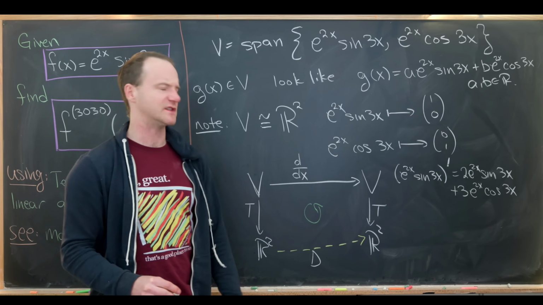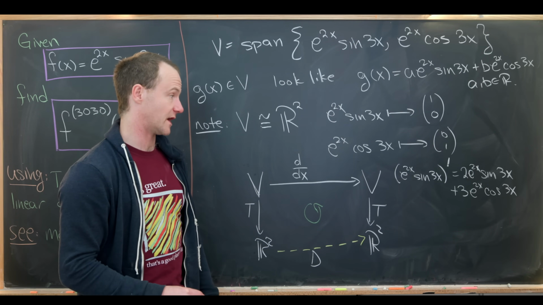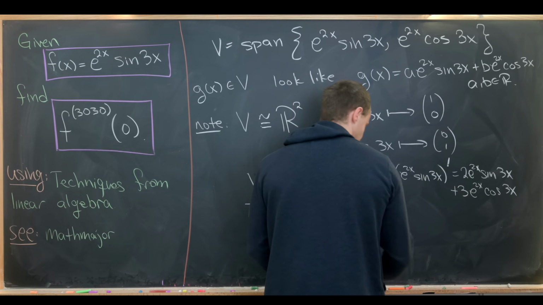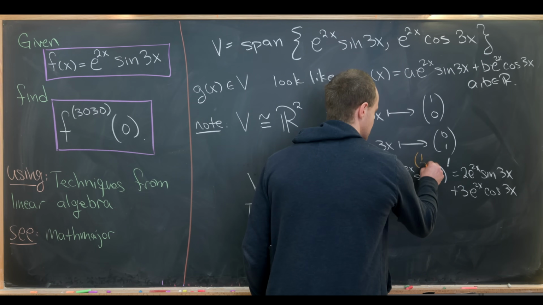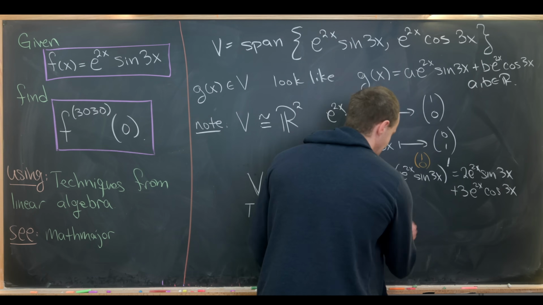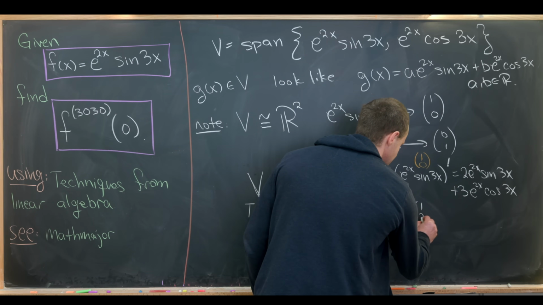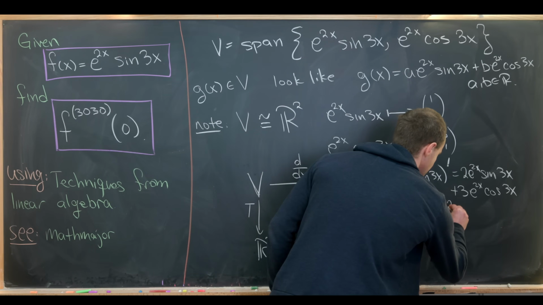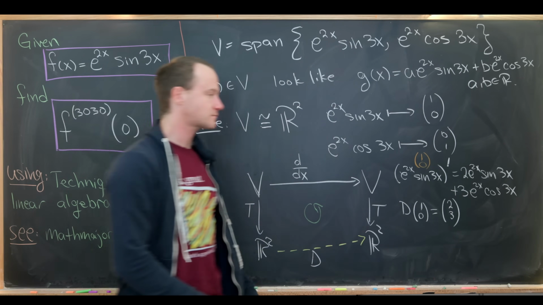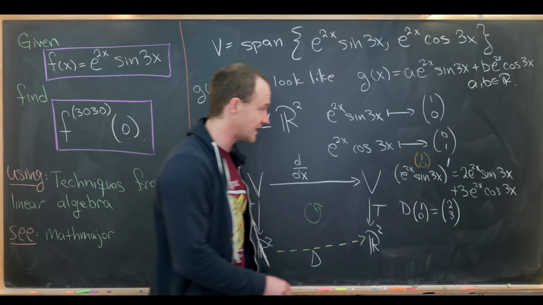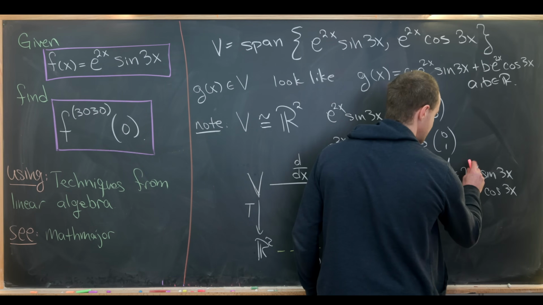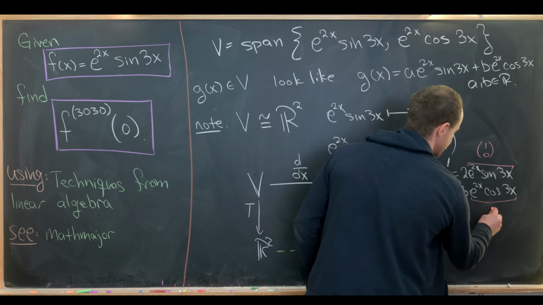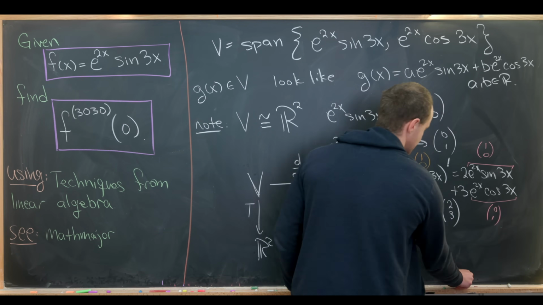Again, we just use the product rule there. Okay, but since this corresponds to the vector 1, 0, let's recall that, then that tells us that our map D should take 1, 0 to the vector 2, 3. So why is it the vector 2, 3? Because notice it's 2 times the function that corresponds to 1, 0 plus 3 times the function that corresponds to 0, 1.